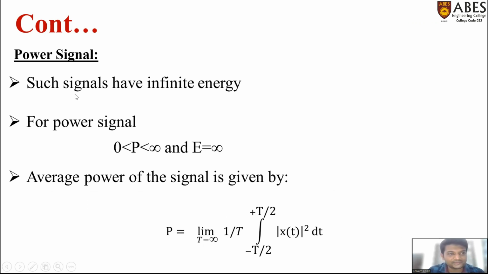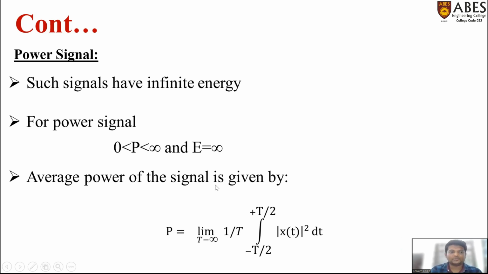Likewise, if you want to calculate power, you can do so with the help of this expression. First of all, the condition is: if a signal is a power signal, then the power will range between 0 and infinity, and the energy of a power signal will always be infinite.